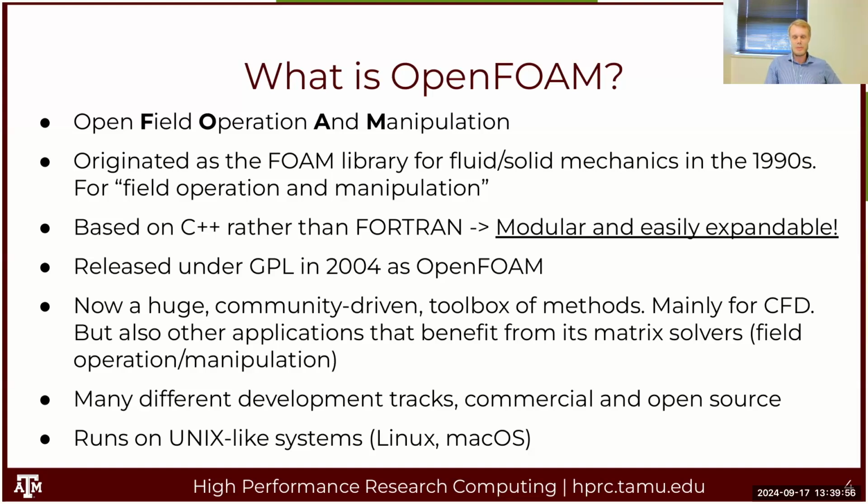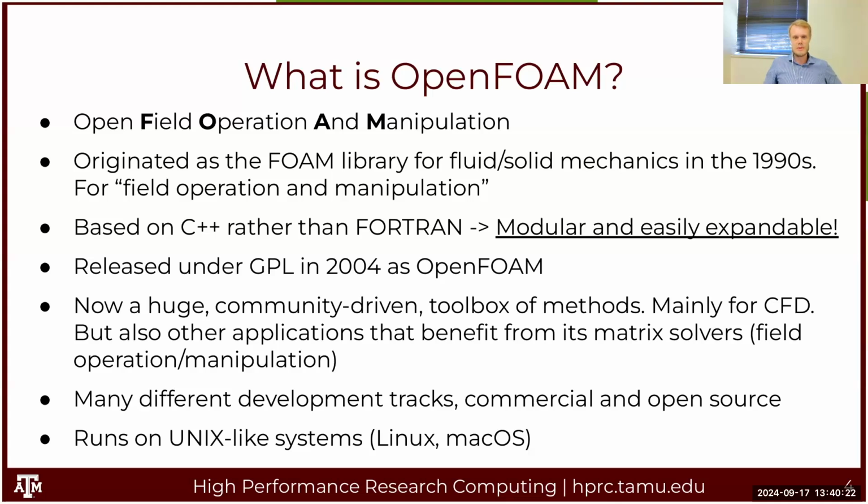One thing that made OpenFOAM more successful than other such libraries is that it was based on C++ rather than Fortran. Fortran was the go-to thing back then. The fact that it's based on C++ means that it's a lot more modular and easily expandable. It was so successful that they released it under the GNU public license in 2004 and called it OpenFOAM.